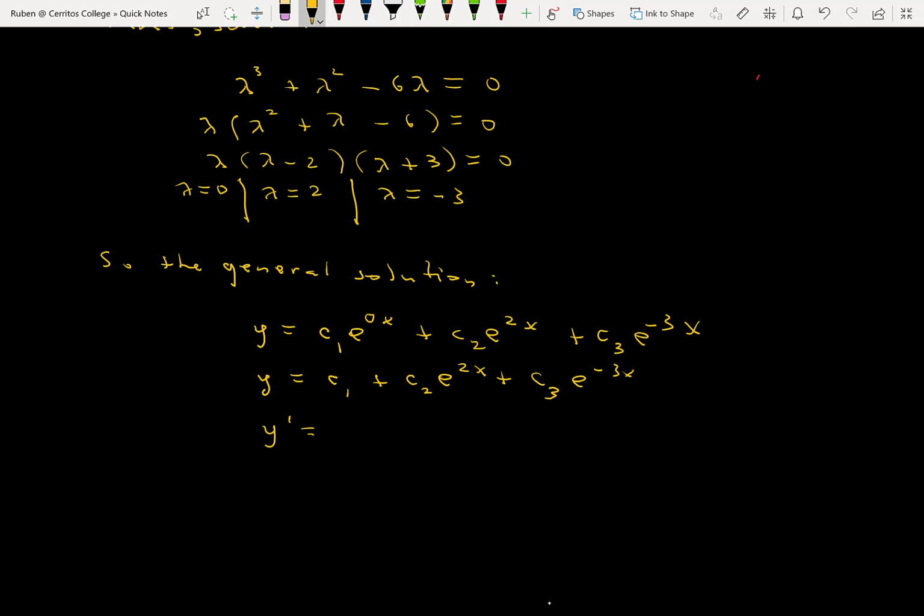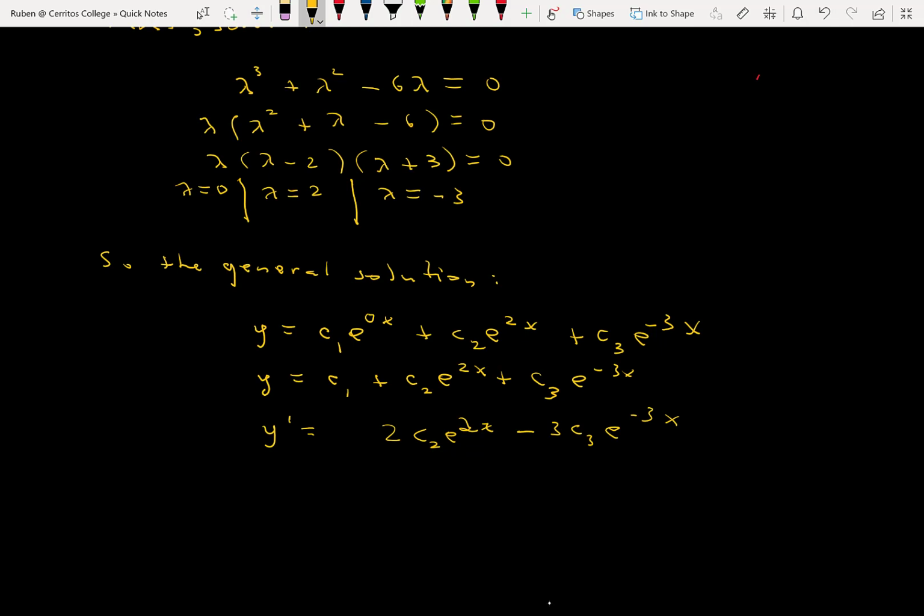The derivative of C2 e to the 2x is 2 C2 e to the 2x by the chain rule. The derivative of C3 e to the negative 3x is minus 3C3 e to the negative 3x.